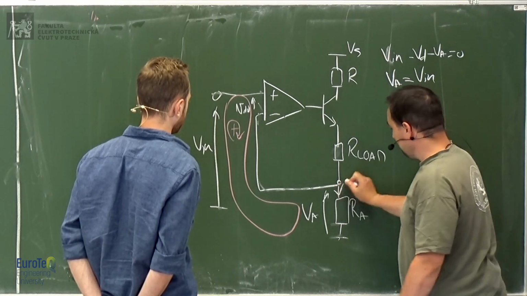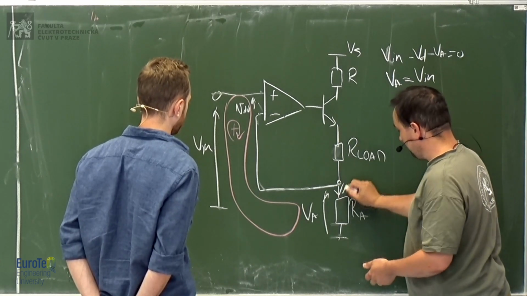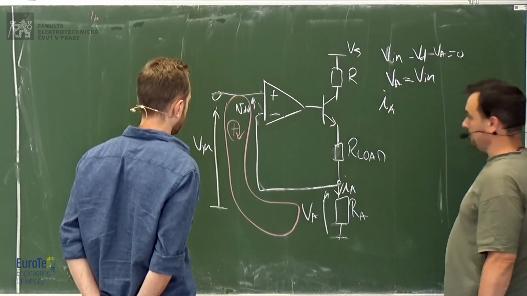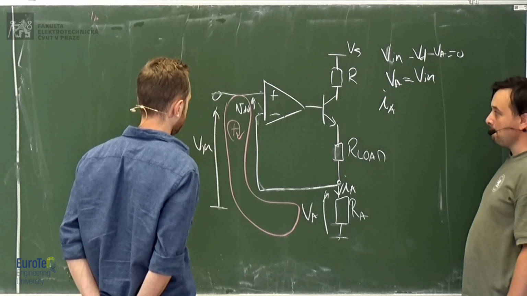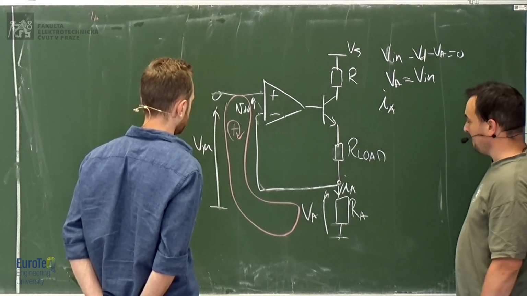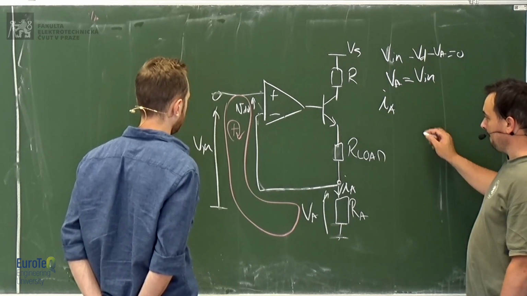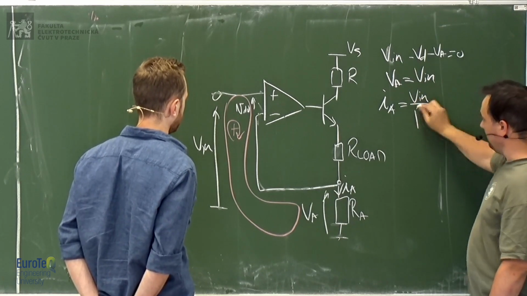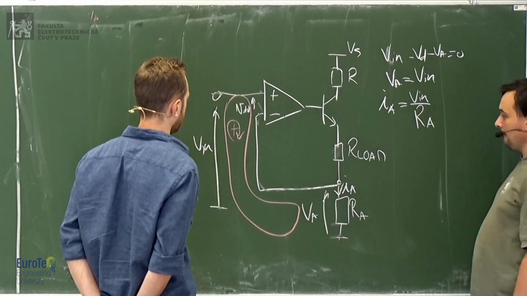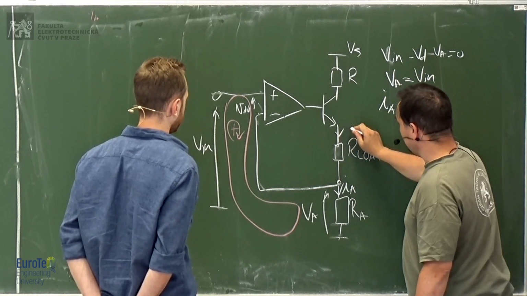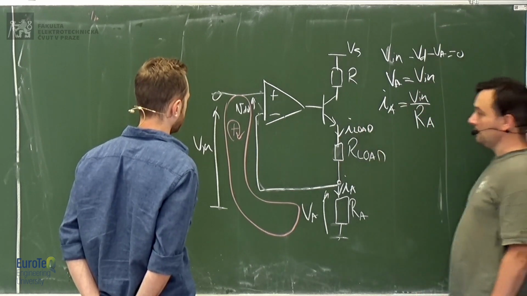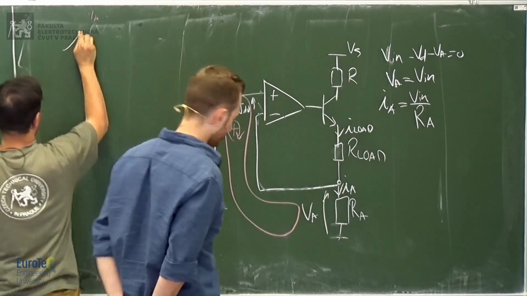So the current here, let's call it IA, is V in divided by RA. Now I ask you, which is the current in the load?